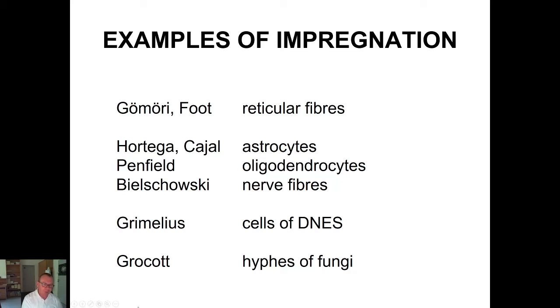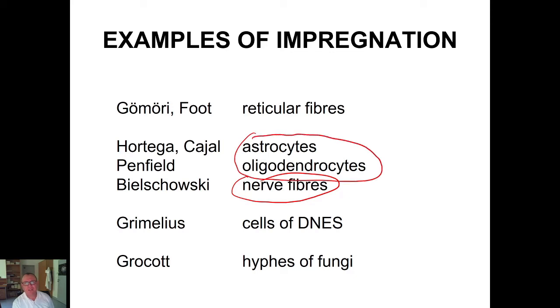The procedure is quite complicated, and the result is very dark staining of some structures. It can be reticular fibers, which are extracellular structures, or it can be some intracellular material, mostly in neurons and glial cells, which are oligodendrocytes or astrocytes.